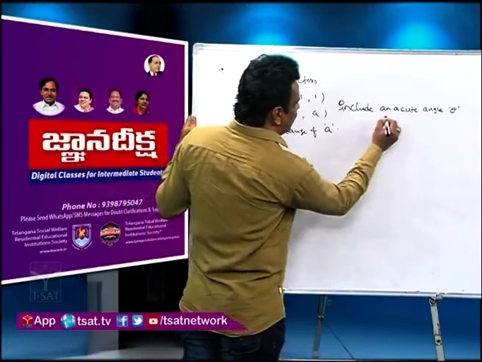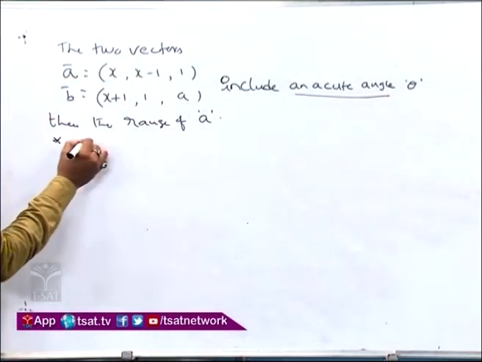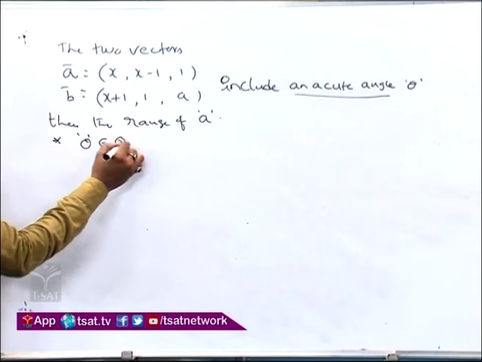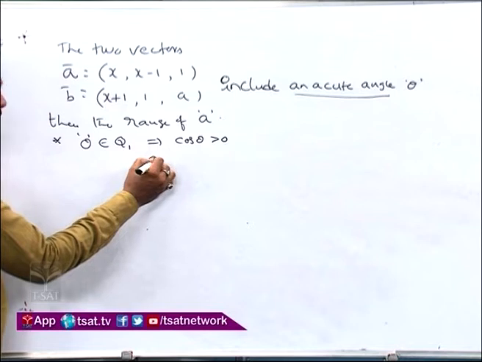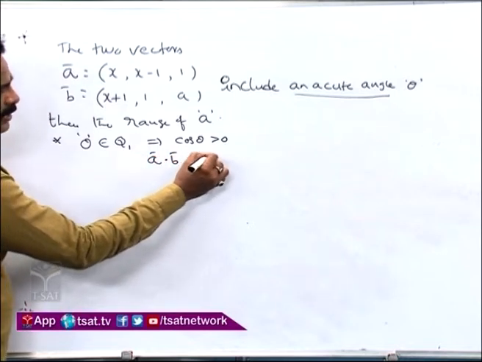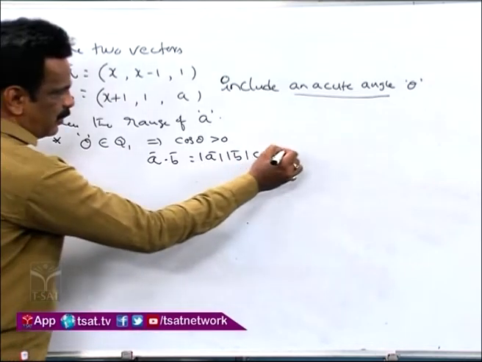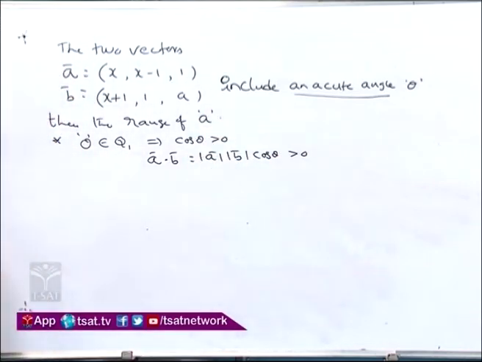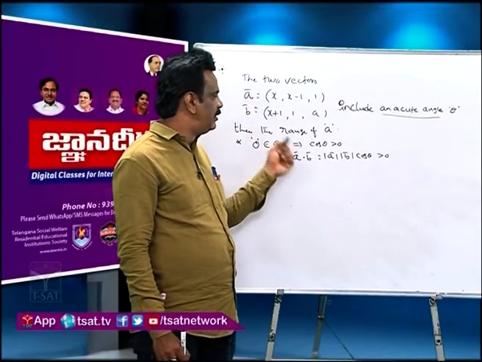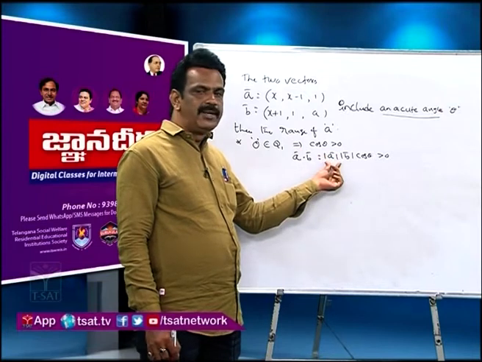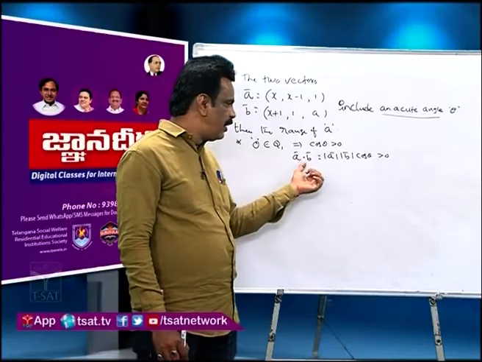As the two vectors are including an acute angle, theta belongs to Q1, which implies cos theta is positive, and a bar dot b bar is mod a bar into mod b bar into cos theta, and it is also positive, because mod a and mod b are non-negative; in particular a and b are non-zero vectors, so mod a bar is positive, mod b bar is positive, cos theta is positive, so that a dot b is positive.